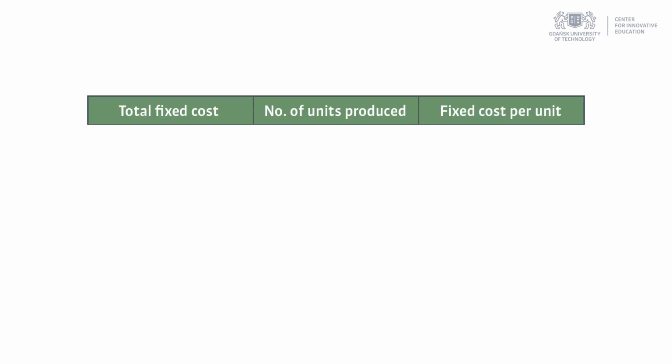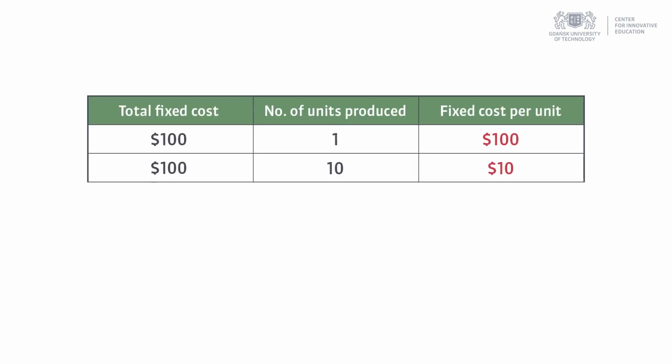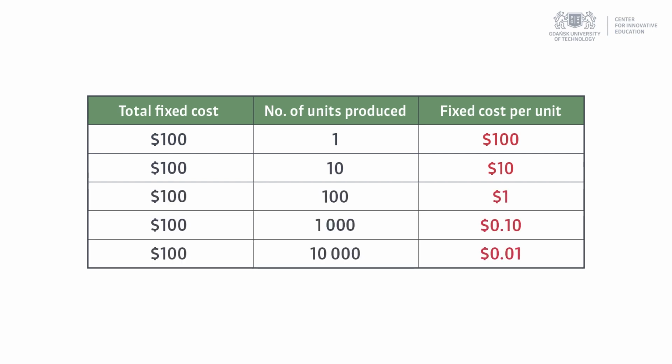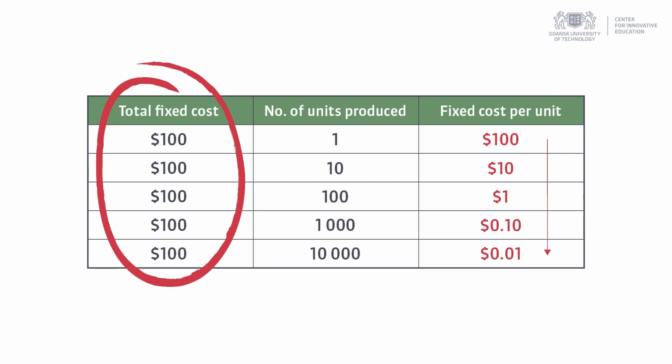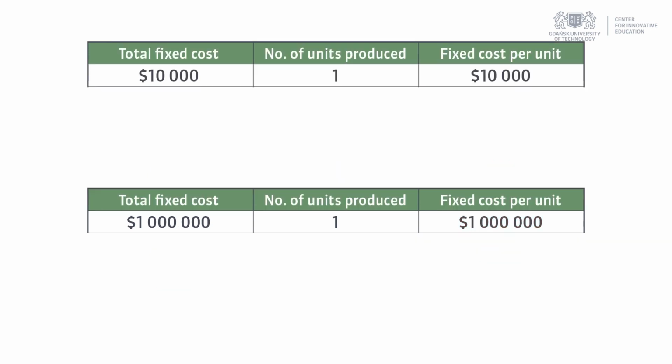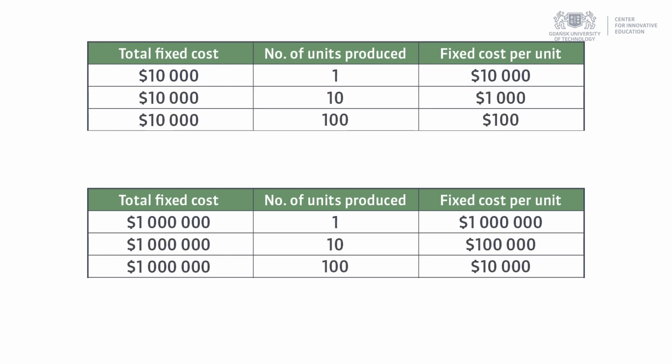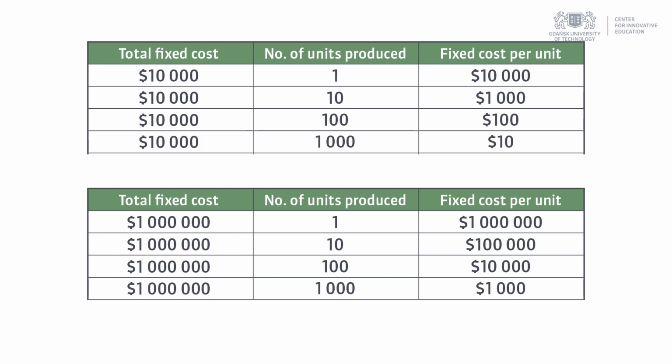Looking at the fixed cost per unit of production, it can be concluded that the more units a company produces, the lower fixed cost per unit will be, although the level of fixed cost will not change. It can also be concluded that the higher fixed cost is, the more for each unit produced it will be.